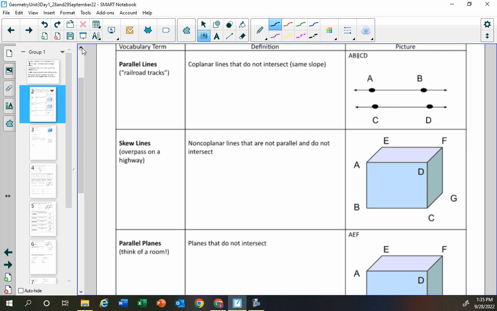No. That's an idea of a skew line. You're on one plane, walking on a bridge, the water's underneath you, but you're not going to touch each other. That's all that really means. I'm not going to think too much about it, but for skew lines, that's the best way to think about it. You're walking on a bridge with water below you.